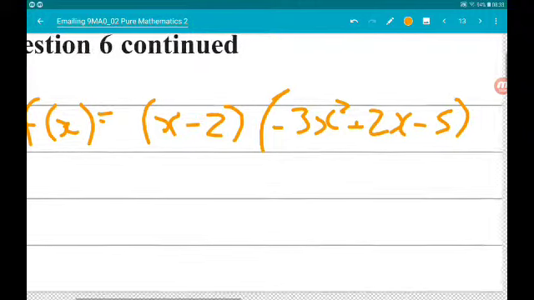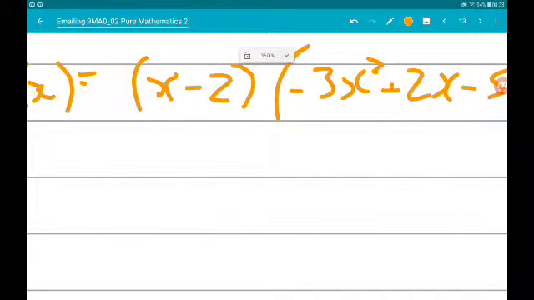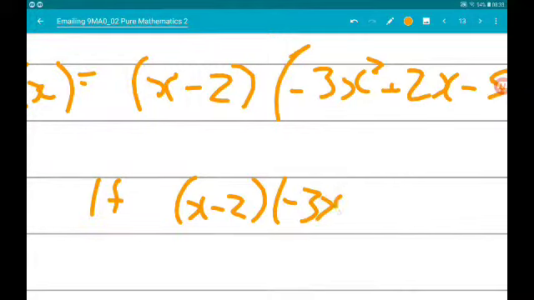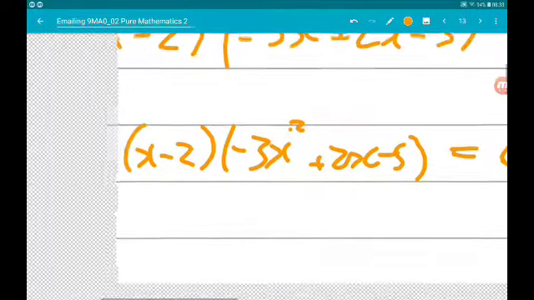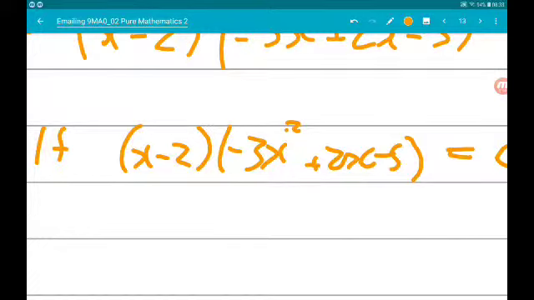So we know that if x minus 2 times minus 3x squared add 2x minus 5 is equal to 0, then x is at least 2.